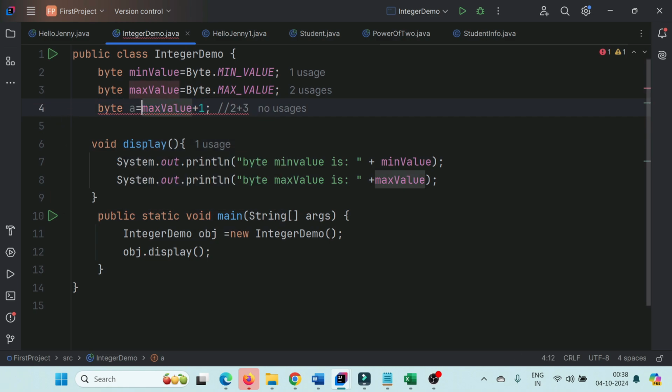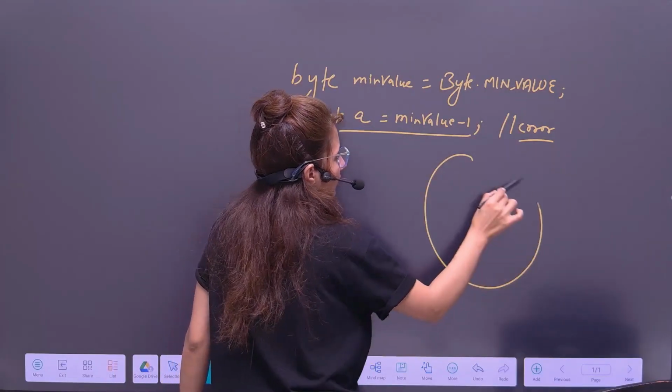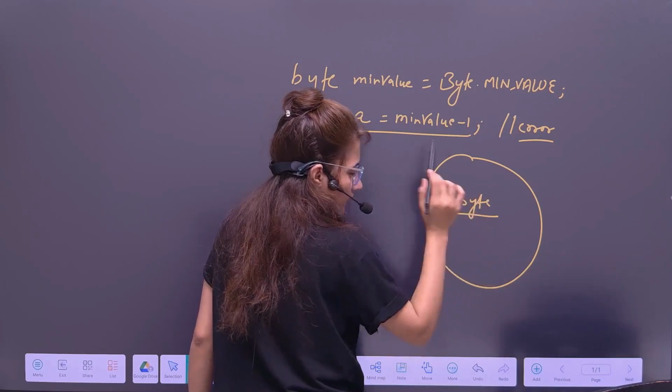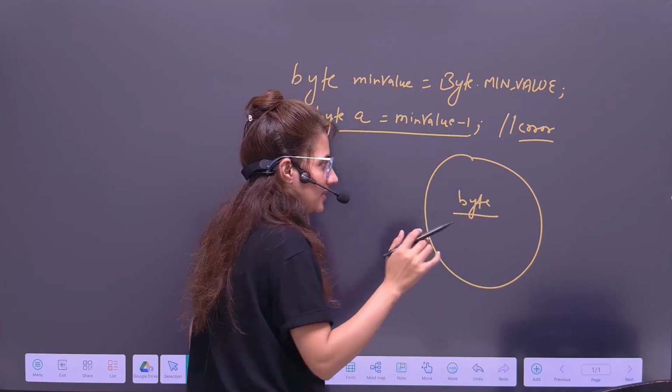So to store this, you have to typecast it, right? Let me show you how to typecast. So this is the thing, you are getting an error. But maybe you are thinking it should do some wrap around, not casting.